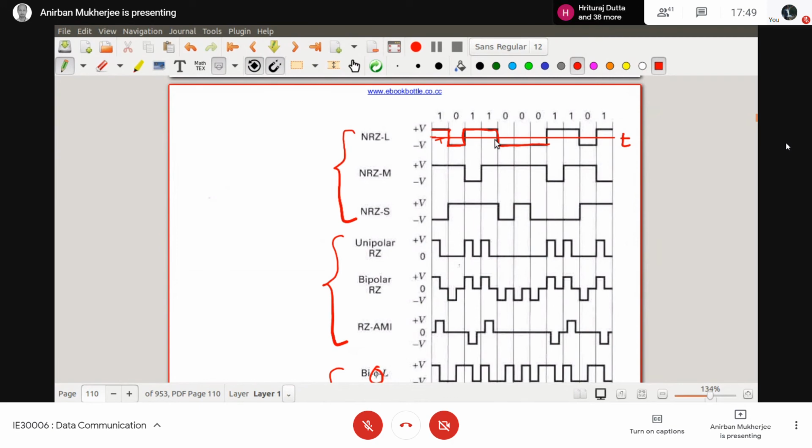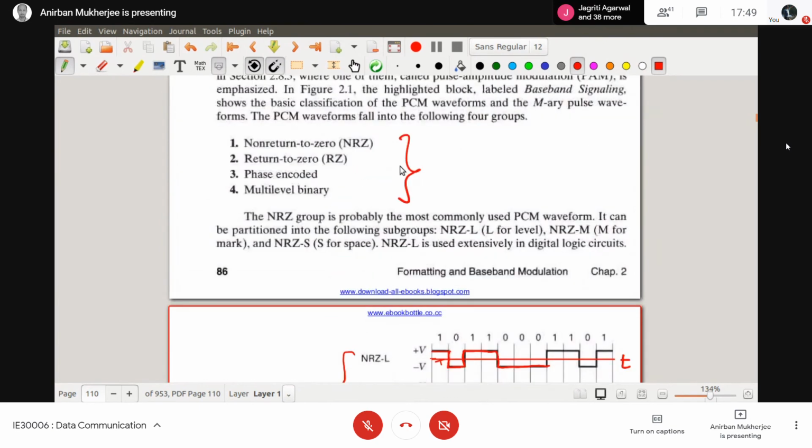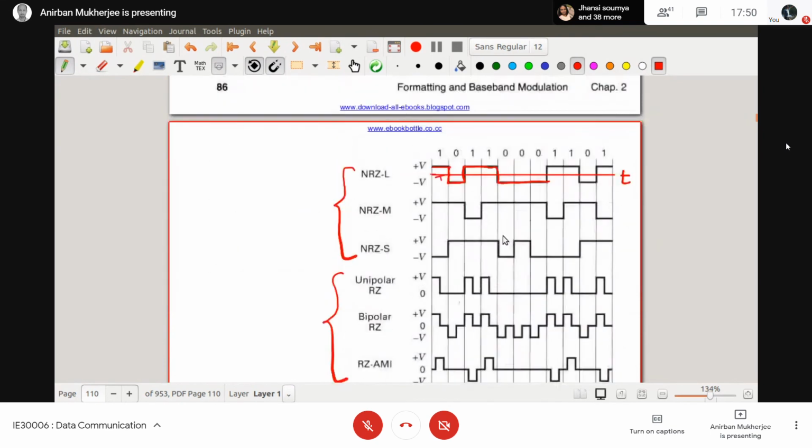Similarly, I have non-return to 0 level, non-return to 0 M for mark, and non-return to 0 S for space: L for level, M for mark, and S for space. Try to understand what is mark and what is space.